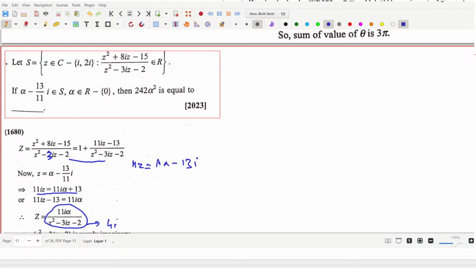What is 270? Obviously this point, which is minus I. I cube is minus I. Another I you multiply, 270 plus 90 becomes 360, which is nothing but 1. So I power 4 equals 1.